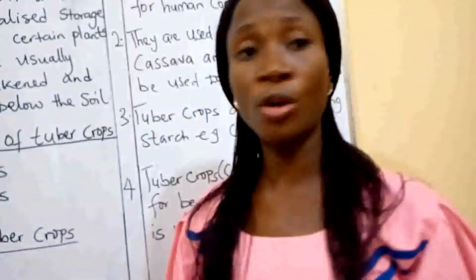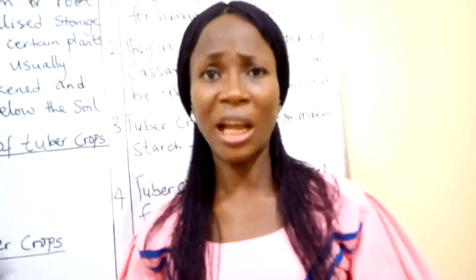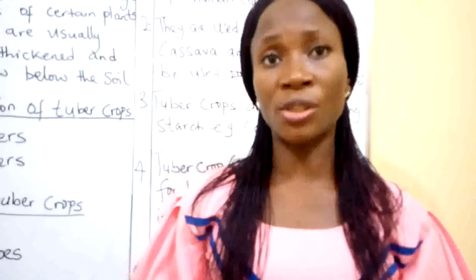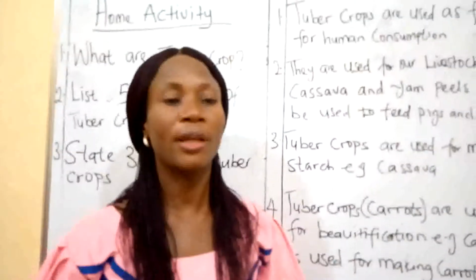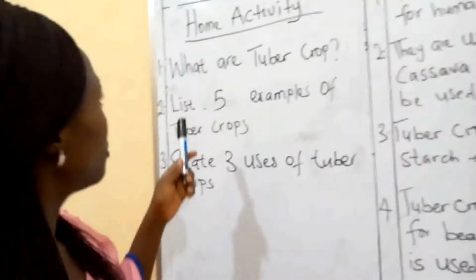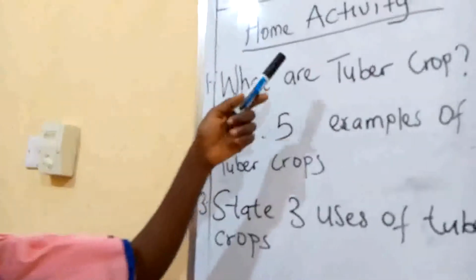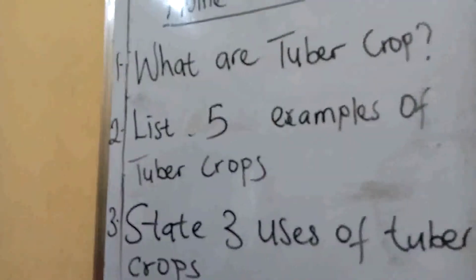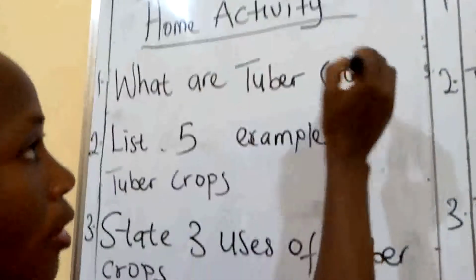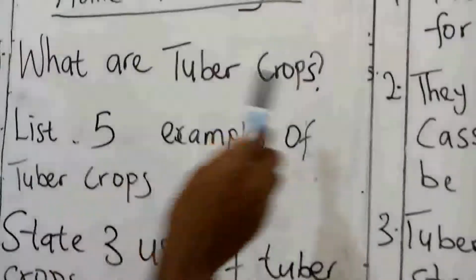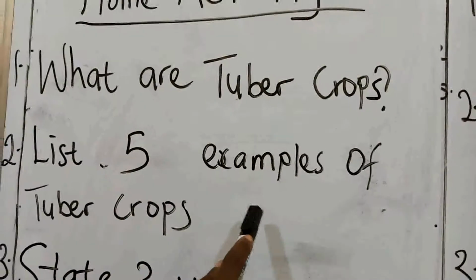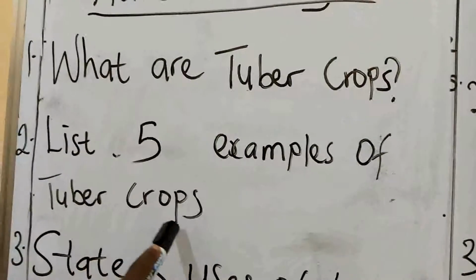Okay, now I want you to do this home activity for me and submit it to the school. Here is your homework, your home activity. Number one says, what are tuber crops? Number two says, list 5 examples of tuber crops.